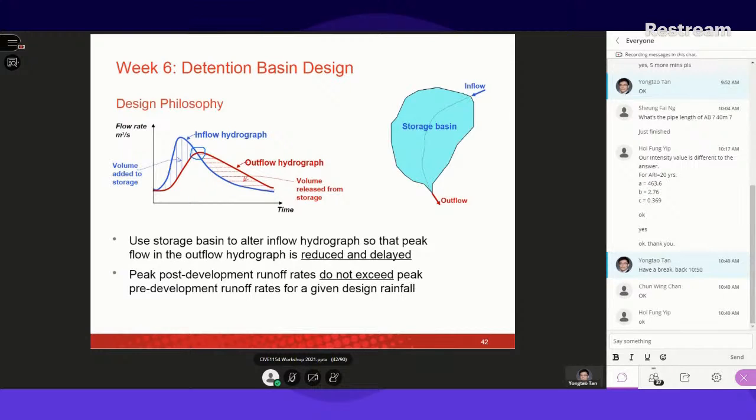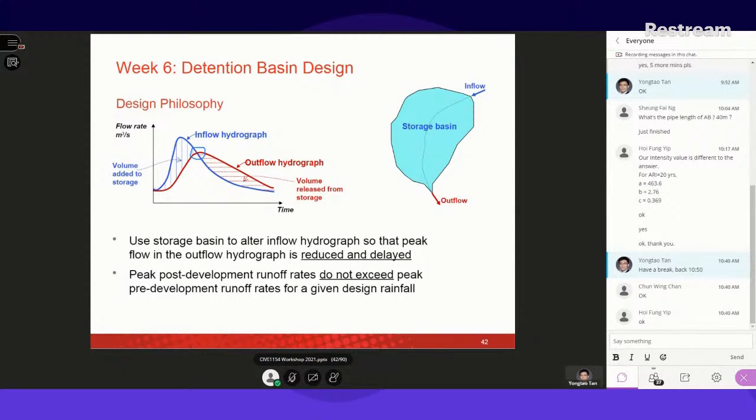Because most of the rainfall becomes infiltration into the soil, and becomes interflow or groundwater. But for the post-development, most rainfall becomes surface runoff. So that's the difference.